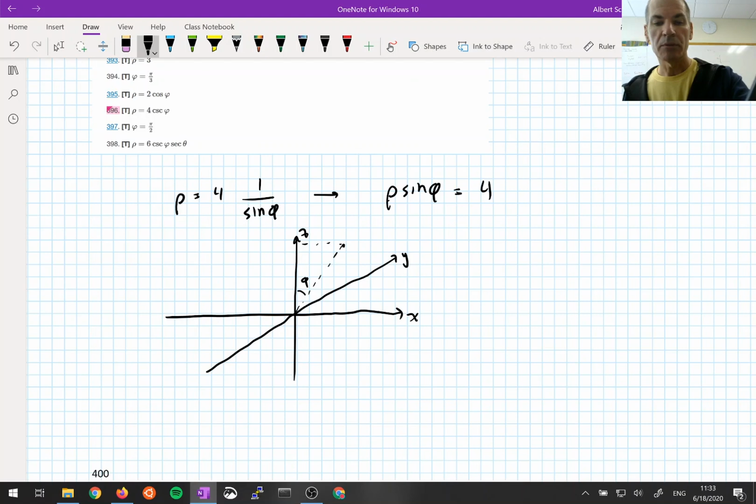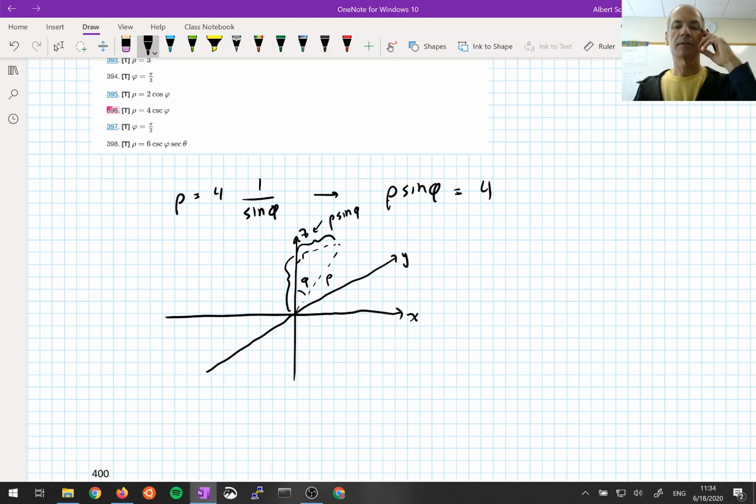And remember, if we build this right triangle, if this distance is rho, then this distance is rho sine phi.